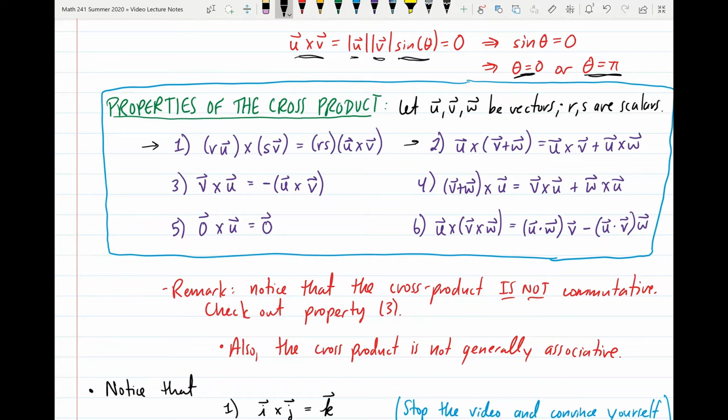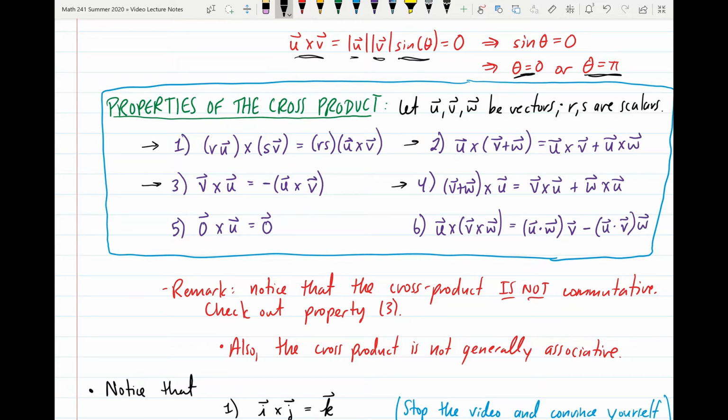We also have property 4 here, which is distributivity in the other direction. So now we have our vector u on the right side of v plus w, and we still have distribution through there. And property 3 is probably the last one that I want to talk about here, one that I already mentioned previously, but notice that v cross u is not equal to u cross v generally.